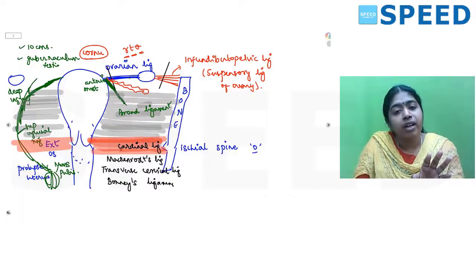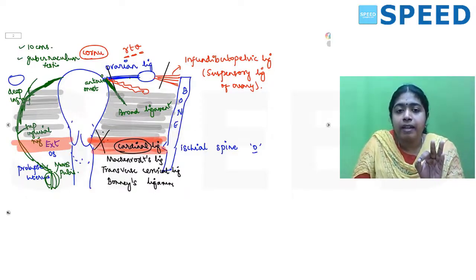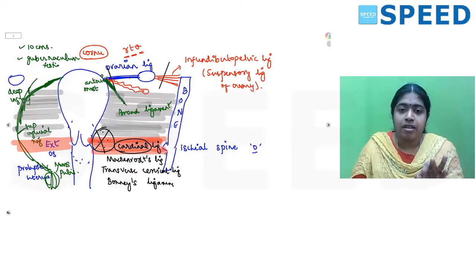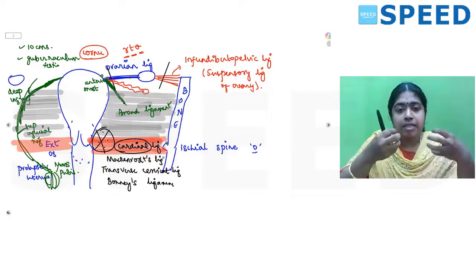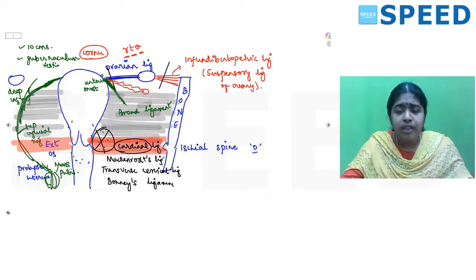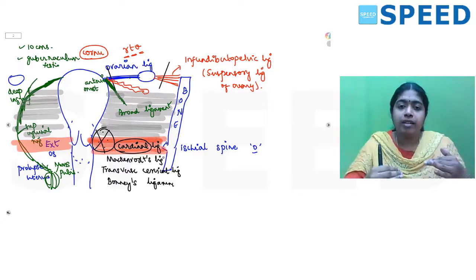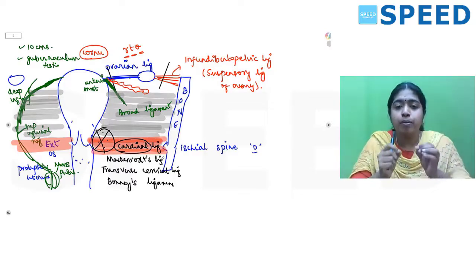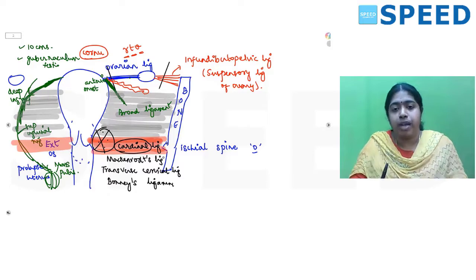The name of this ligament itself is important ligament. Now let me tell you why it is important. Remember, this ligament keeps the external os of the cervix at the level of the ischial spines. So what does it mean? This ligament is attached laterally to the cervix and it is attached tight to the bone on the other end. It prevents uterine descent. That means this is the most important ligament which prevents prolapse.